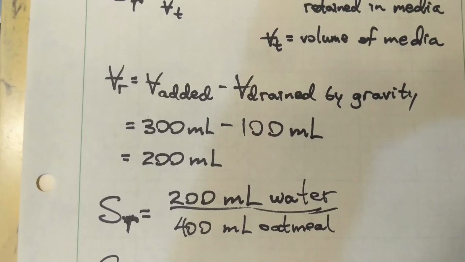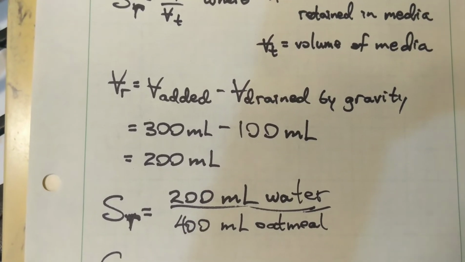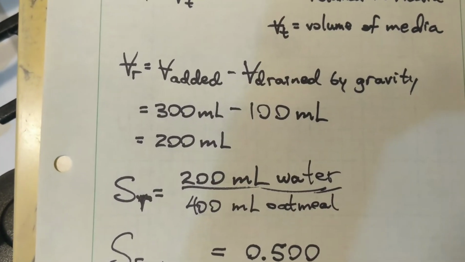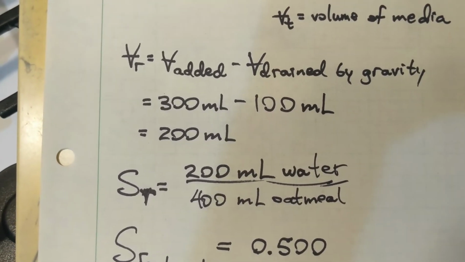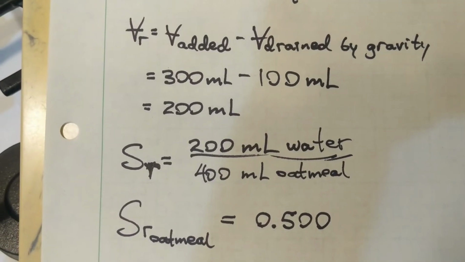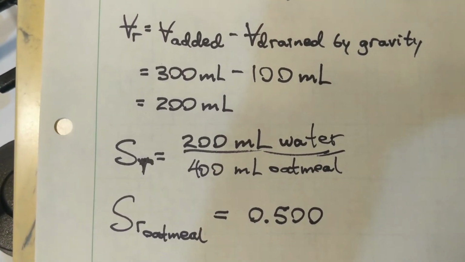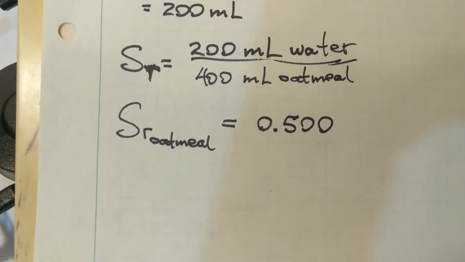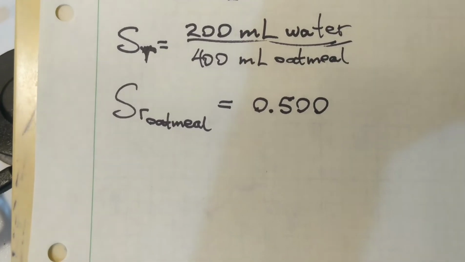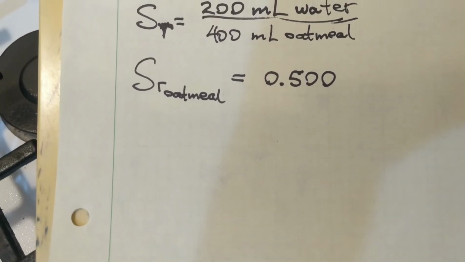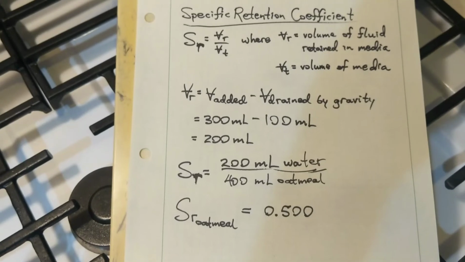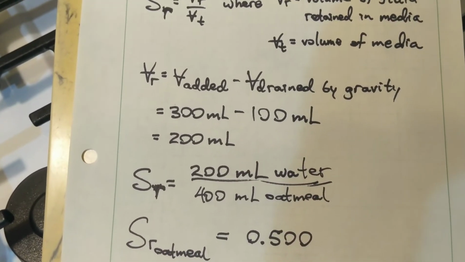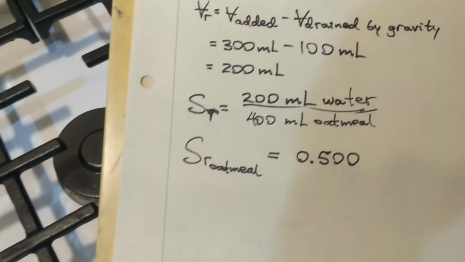And since we added 300 milliliters of water to fully saturate the 400 milliliters of oatmeal, and it drained by gravity 100 milliliters of water, that means that the volume retained is 200 milliliters divided by the 400 milliliters of oatmeal media. You get the specific retention coefficient of oatmeal immediately saturated and drained is 0.5.